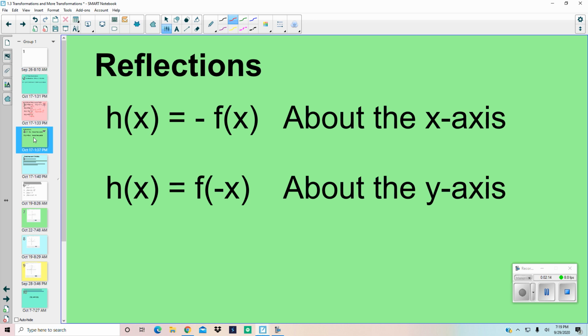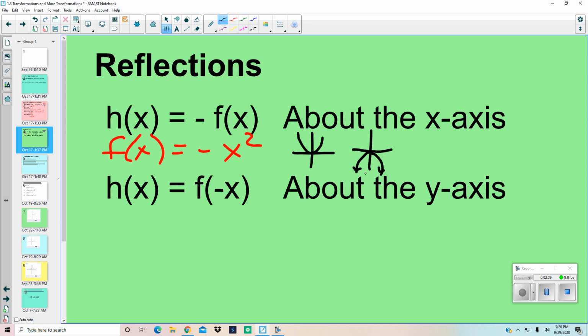Reflection would be if you have a negative in front. So if I have f of x equals negative x squared, it's going to reflect about the x-axis. So my graph that has a parabola opening up would now open down.